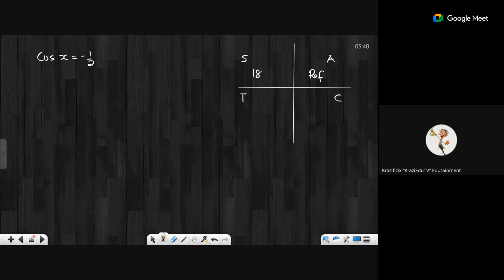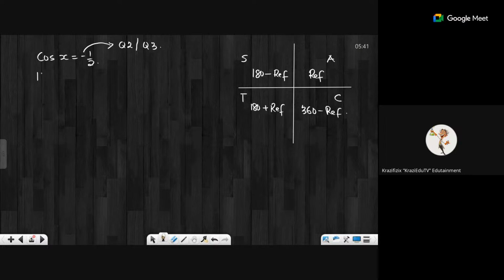Here, 180 minus the reference angle, 180 plus the reference angle, 360 minus. Awesome. So guys, the negative here tells me which quadrants to go to. When I see a negative for cos, I know that cos is negative in quadrant 2 and quadrant 3. That's what the negative tells me.